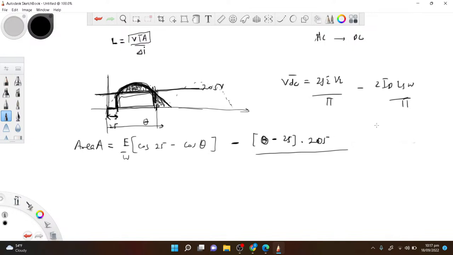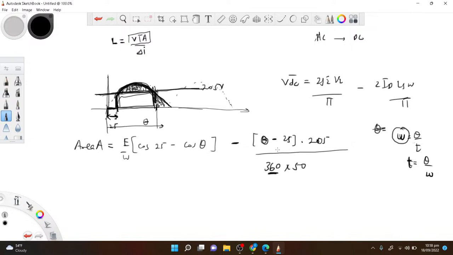But you know that omega is equal to theta over time. So to change it to the time domain, it's theta over omega. Because it's in degrees, your 2 pi will be 360, so 360 times f.